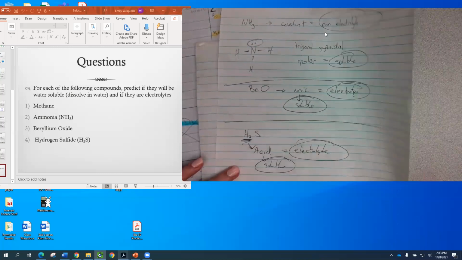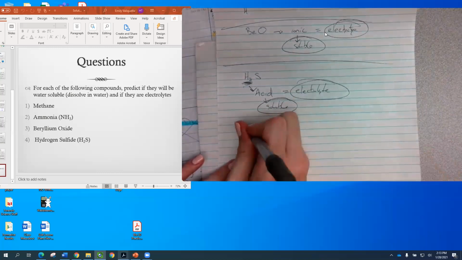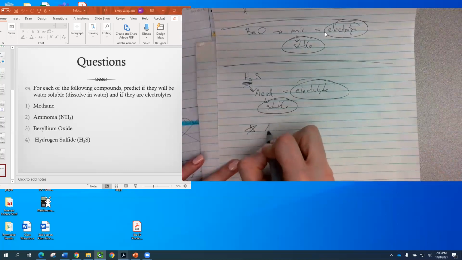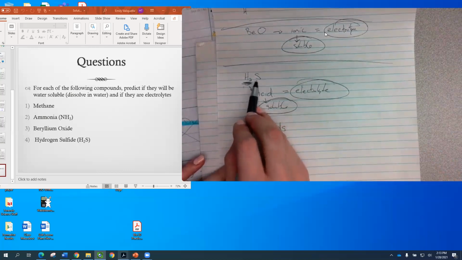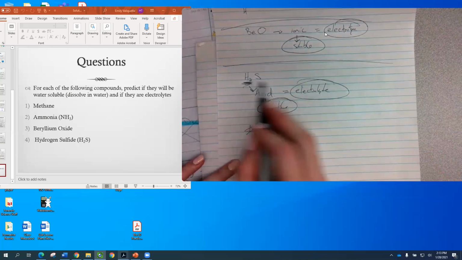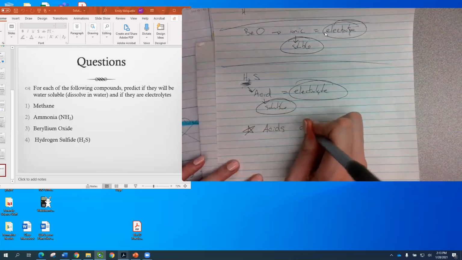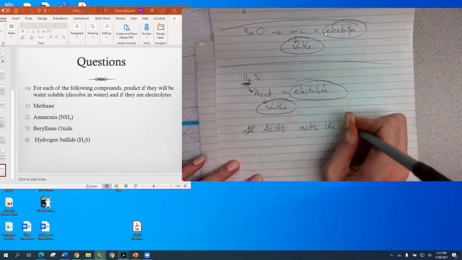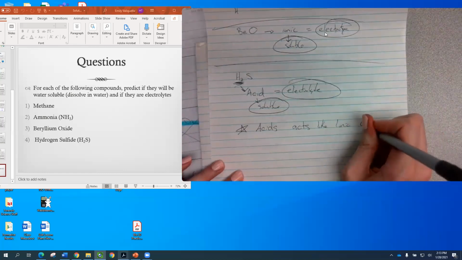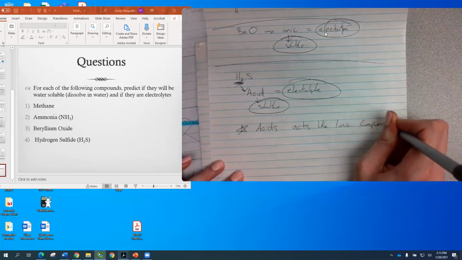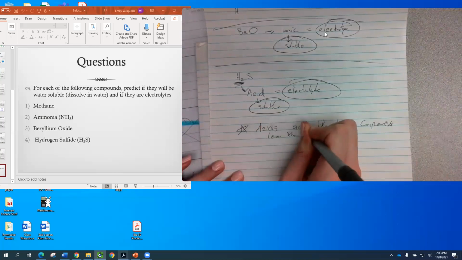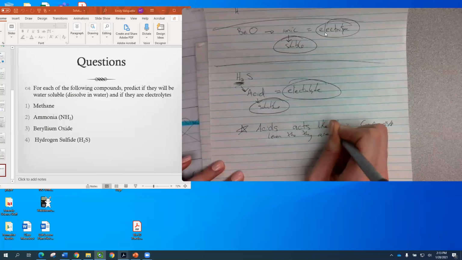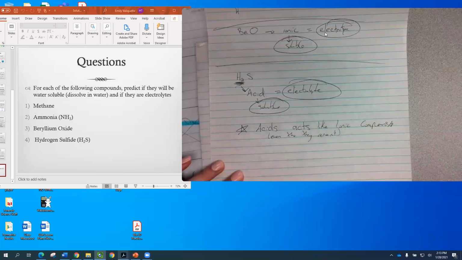The one little trick that you need to remember when it comes to acids is even though an acid is often a covalent compound, acids act like ionic compounds, even though they aren't.